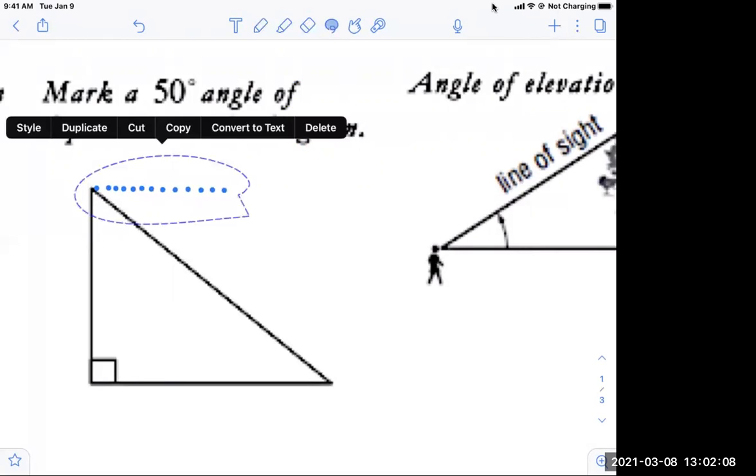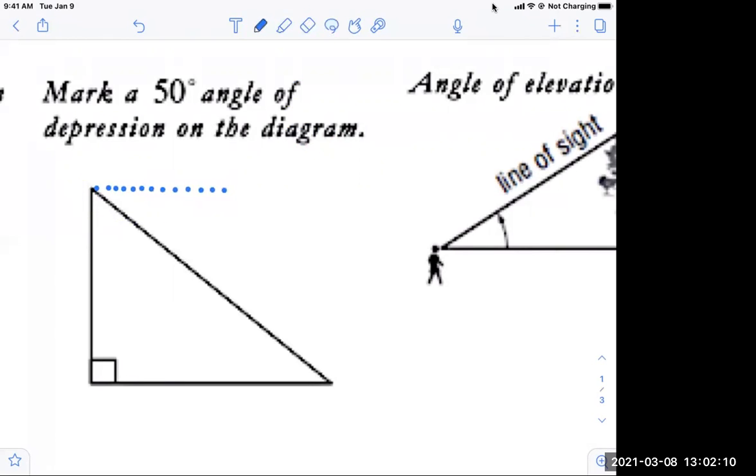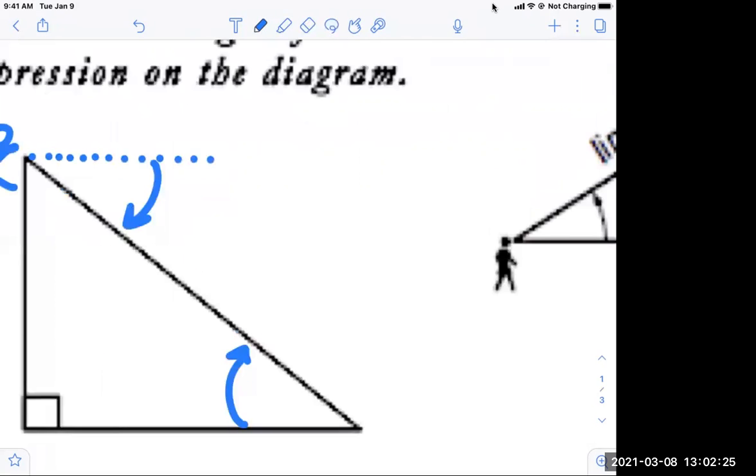This is a little weird at first, but an angle of depression, remember, is supposed to be congruent to the angle of elevation. So if you're up here looking down at something below you, your angle of depression is formed by looking horizontally and then dropping your eyes down. So if this person were to look out and then drop their eyes down, it's the angle that's formed right there.